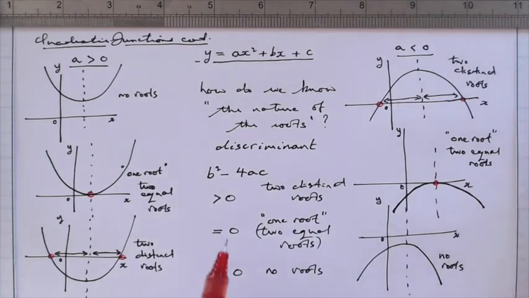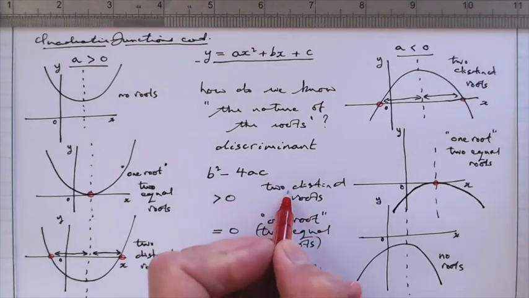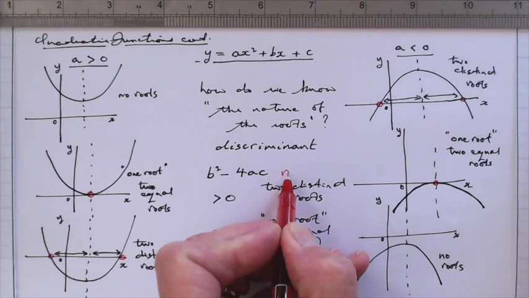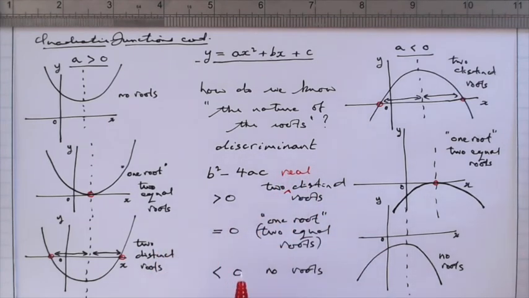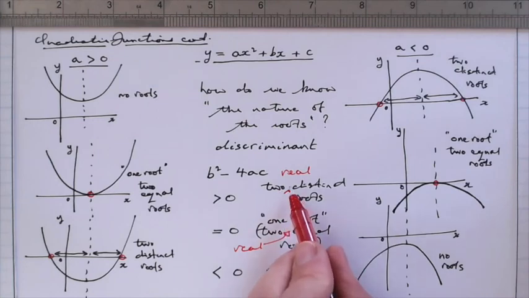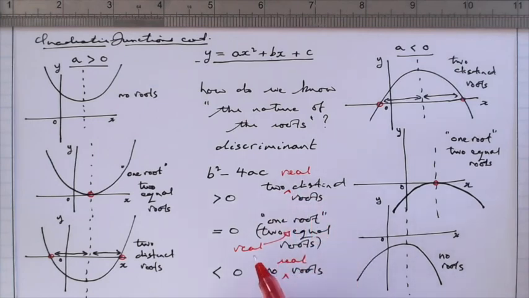But you have to add the word real. You have to say two real distinct roots, or two real equal roots, or no real roots.